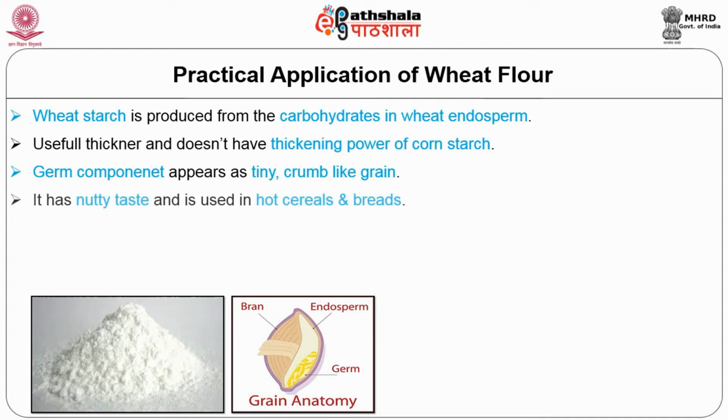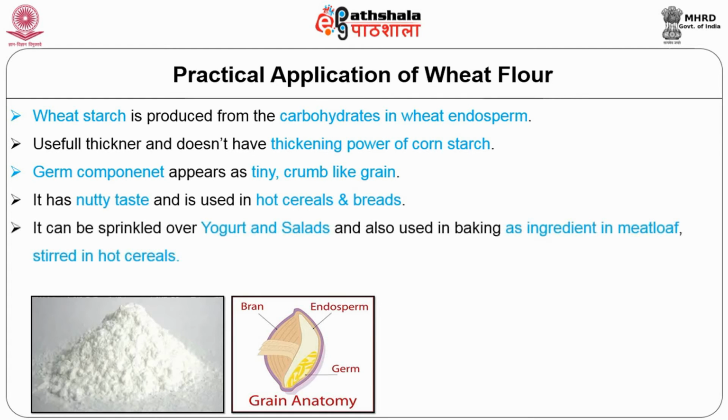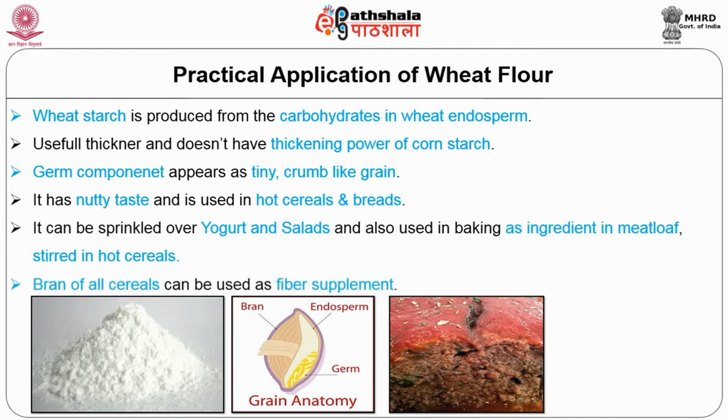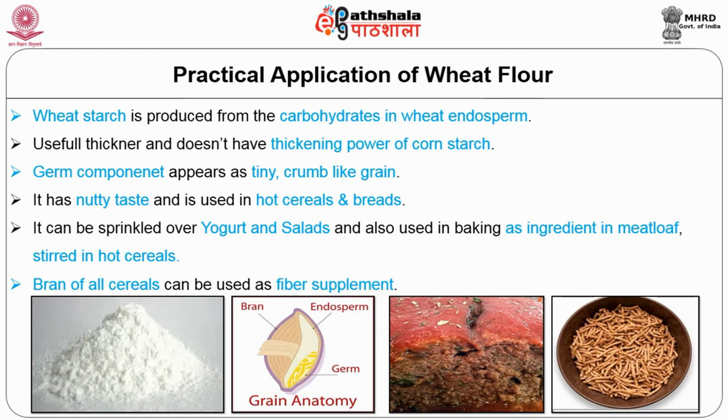Wheat germ has a nutty taste and is used in hot cereals and breads. It can be sprinkled over yogurt and salads. Wheat bran can be used in baking as an ingredient in meatloaf, stirred into hot cereals. Bran from all cereals can be used as a fiber supplement.